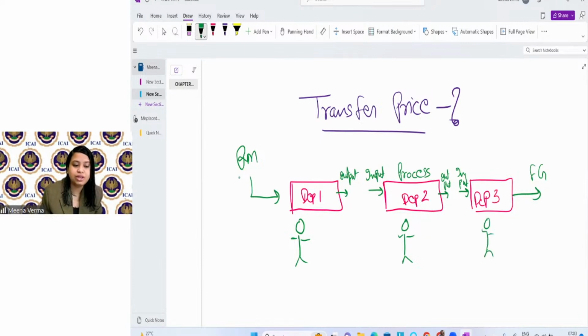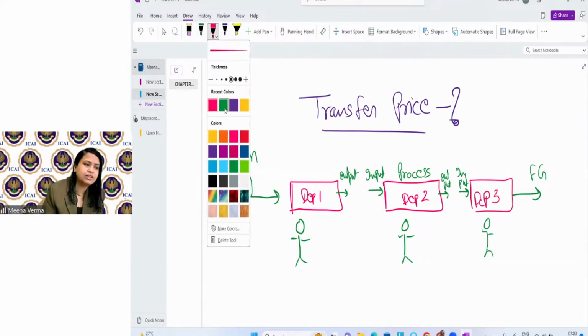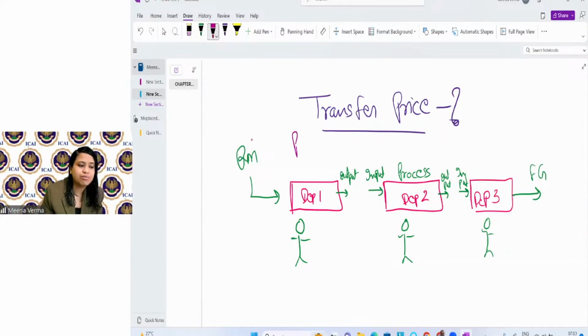If you remember, we have done process costing, not in CA Final, but must be in CA Inter. When your product passes through different departments or processes, we find the costing for different processes.